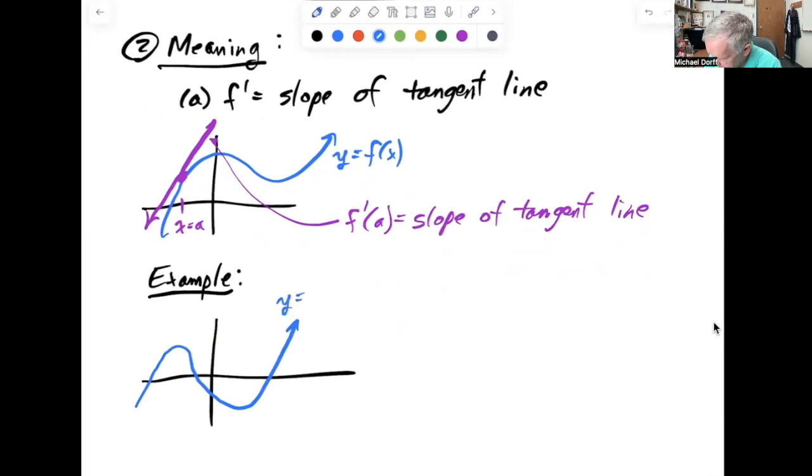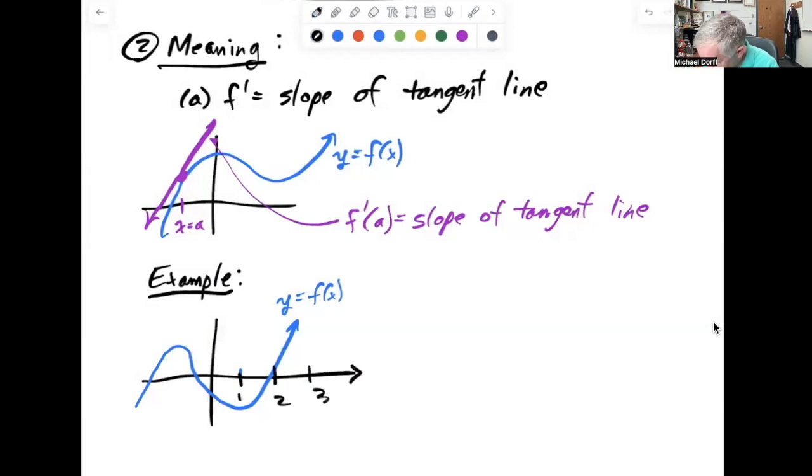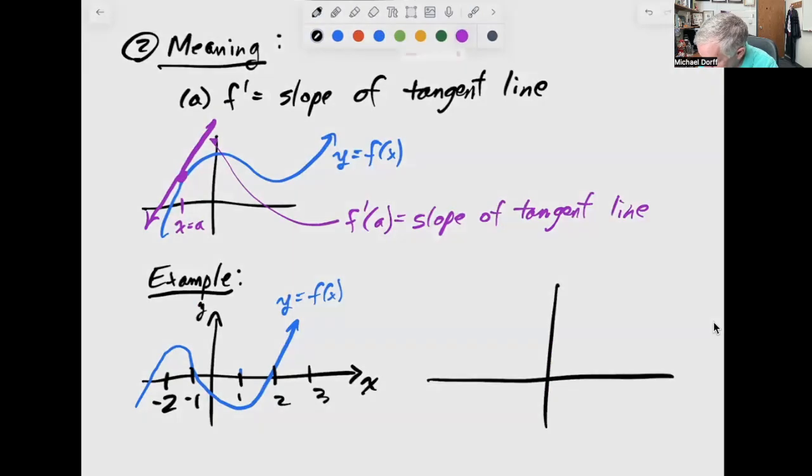There's my function y equals f of x, and I'm going to draw some things in here. This is going to be the point 1. This will be the point 2, 3. This is my x-axis, my y-axis, and we'll call this point -1, this point -2. Okay, what is the graph of the derivative? Let's go over here.